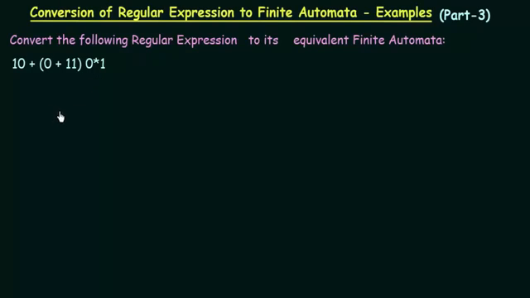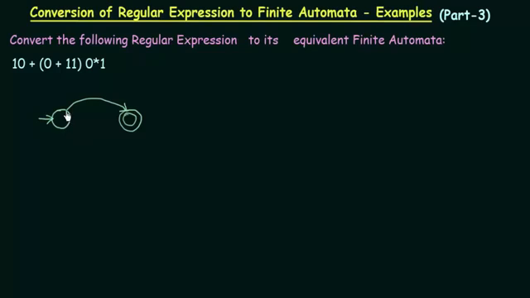For that I will take a state over here which will be my starting state, and another state here which will be my final state. So I will have only two states for the beginning, and since this is one symbol, this is another symbol, and they are separated by a plus. Whenever it is separated by a plus, I already taught you that you just send them to the next state using two different transitions.